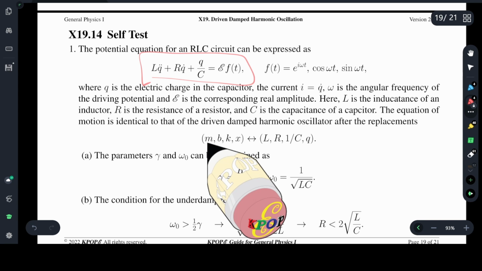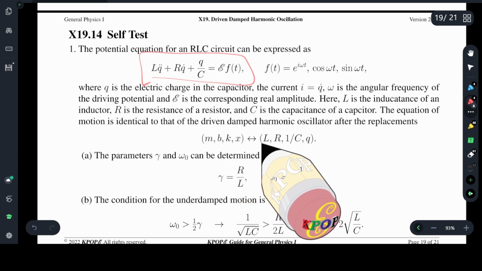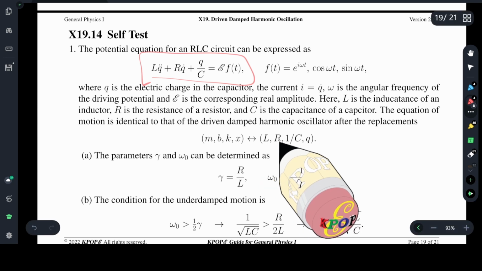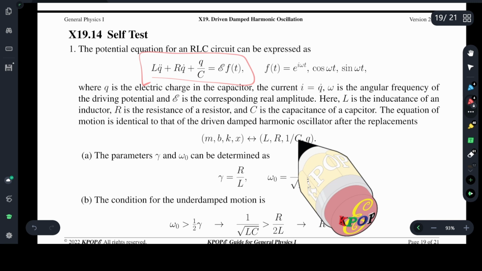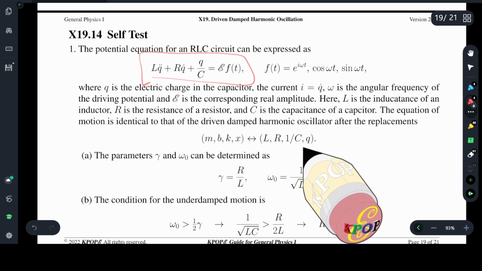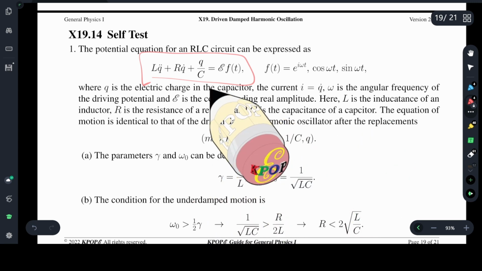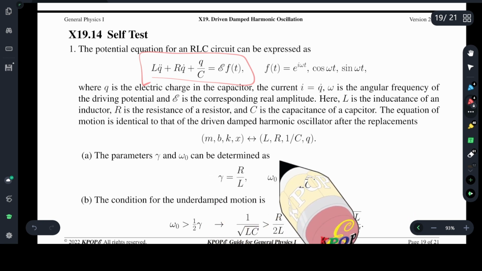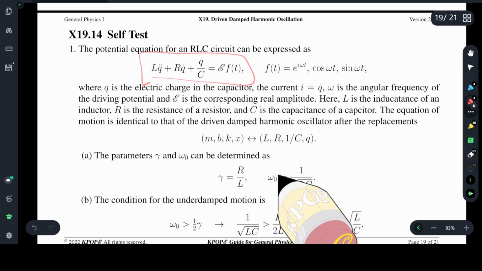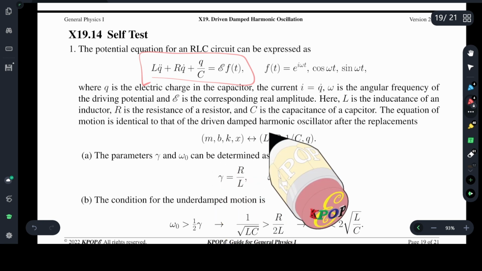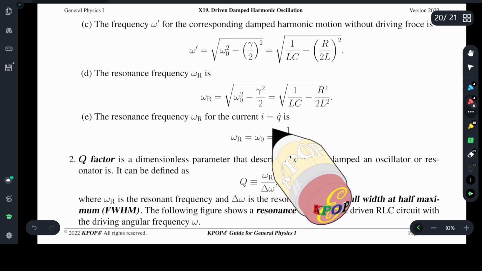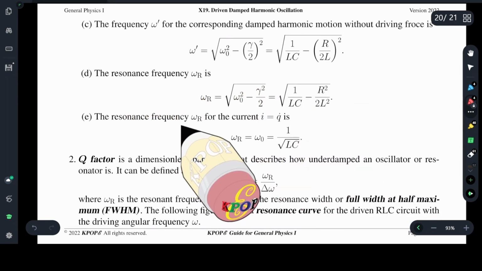This mass is replaced with L, the inductance of an inductor such as a coil, and R is the resistance of the resistor that spends energy, and 1 over C represents the spring force, that is, the capacitor that contains the electric charge. So with simple rescaling, with the characteristic frequency omega 0 for the simple harmonic oscillator and gamma for the damping coefficient, we can reproduce everything regarding the driven damped harmonic oscillator in the RLC circuit.